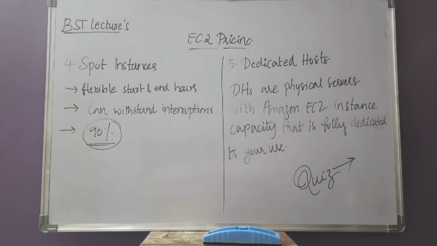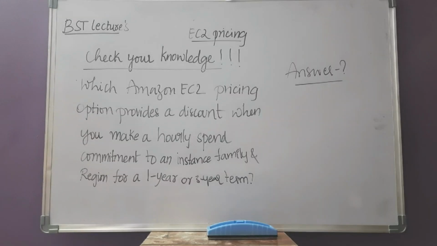Let us try a quiz question after listening to this video. Okay, after listening to all, let us check our knowledge. Which Amazon EC2 instance pricing option provides a discount when you make an hourly spend commitment to an instance family and region for a 1 year or 3 year term? I have discussed this topic. Please think for 5 seconds, guess the answer and comment in the comment section.